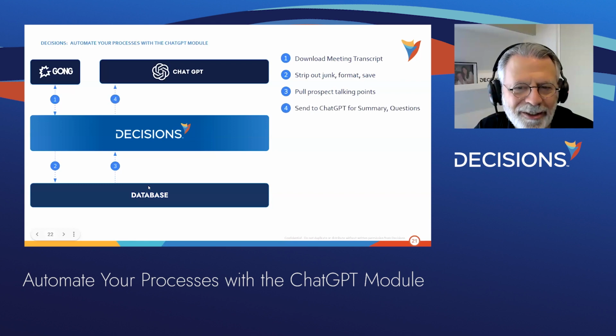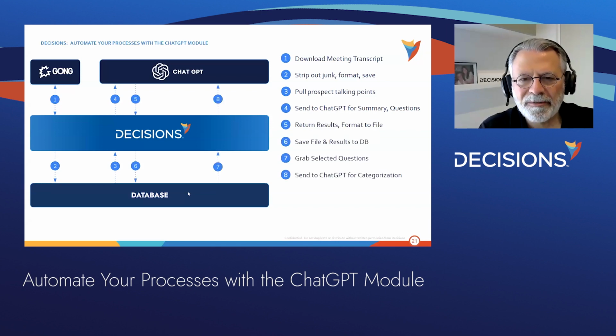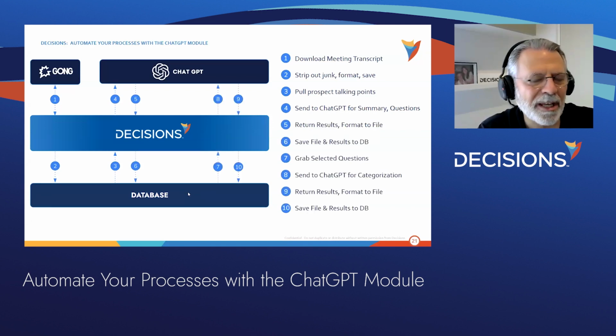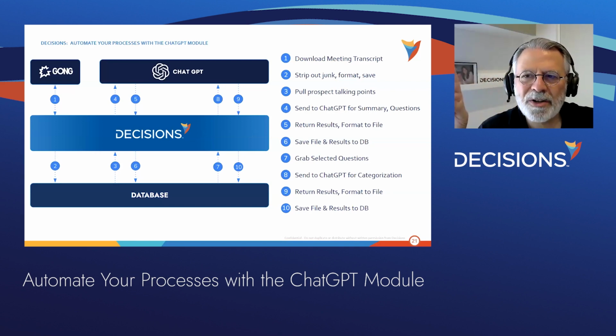Let me just interject here and set the table a little bit. If you're not familiar with Gong, it's kind of like Zoom. They record meetings and they create AI generated transcripts of everybody talking during the meeting. And what we wanted to do was to pull those transcripts, get a summary, and also understand the questions that get asked.